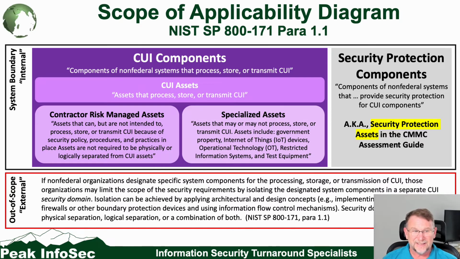If an asset is not intended to process, store, or transmit CUI, take it out of there and put it down into external and out of scope. It's easy to do. Don't create confusion. Don't create opportunities. Just take it out of scope. And if it's not intended, don't have it in scope. Did I say that enough yet? So I'll leave it at that.